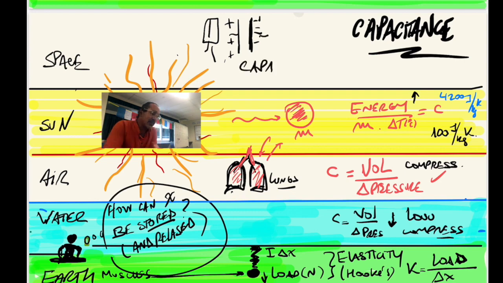So it is the same as a lung, but in this case what gets stored is charge. What is a capacitor in electricity? The amount of charge that you store per unit voltage. That is what we call 1 Farad, and it's the capacitance of an electric capacitor.